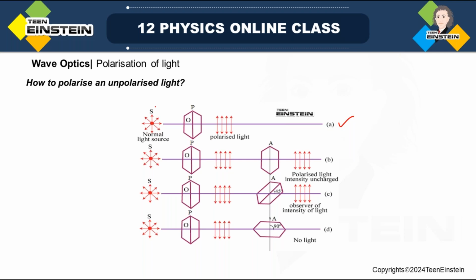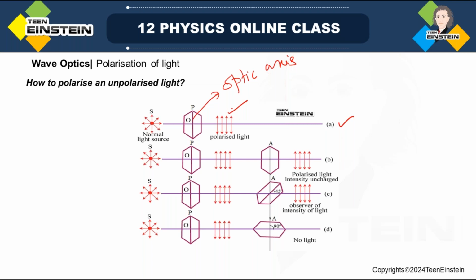If you pass it through a polarizer which has a pass axis, or optic axis, in the vertical direction, those electric field vectors oscillating along this pass axis will pass through.